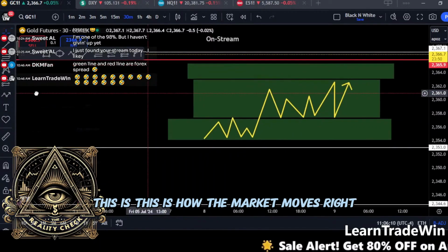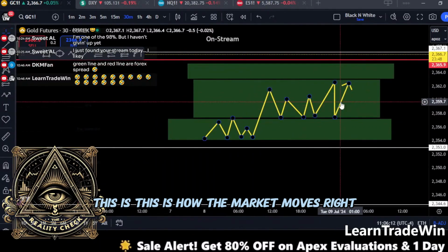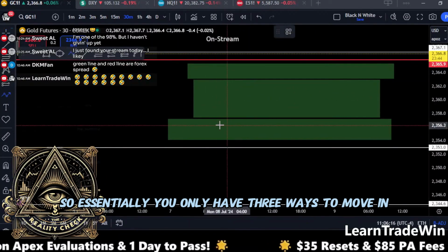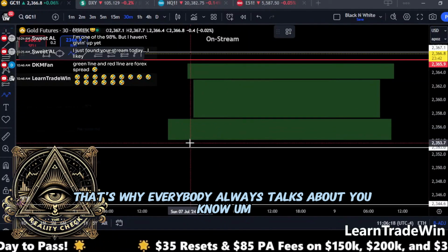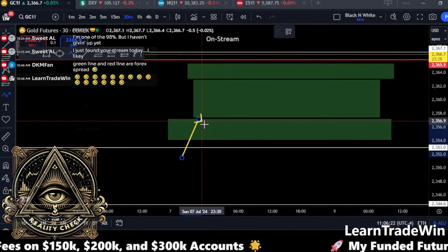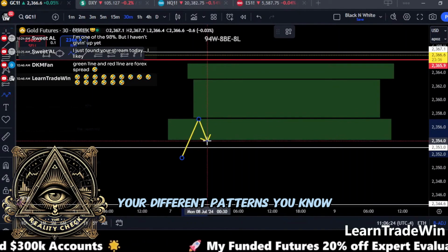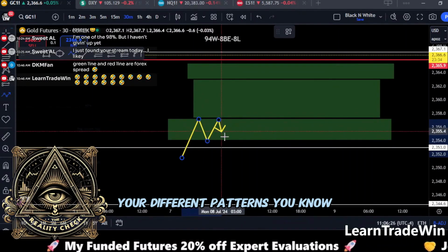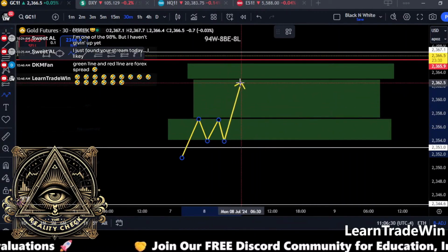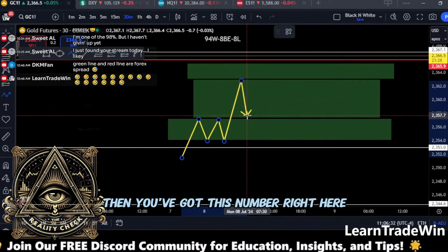But anyways, this is how the market moves, right? So essentially you only have two ways of movement, and that's why everybody always talks about your different patterns. You're either going to go sideways like this, or you're going to break. Then you've got this number right here.